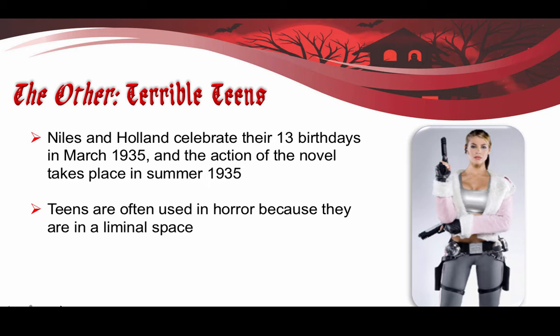Just to quickly review, a liminal space is a phase of life or an area of transition that is on the border between two states. In the case of teenagers, they're in a liminal space between childhood and adulthood.